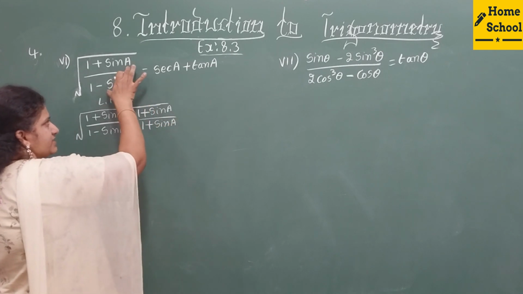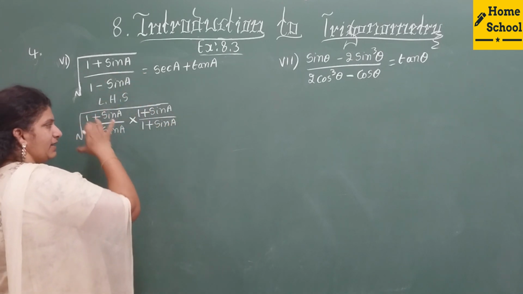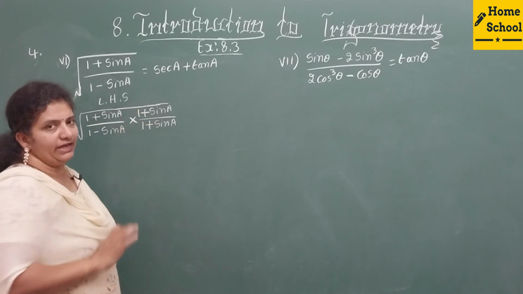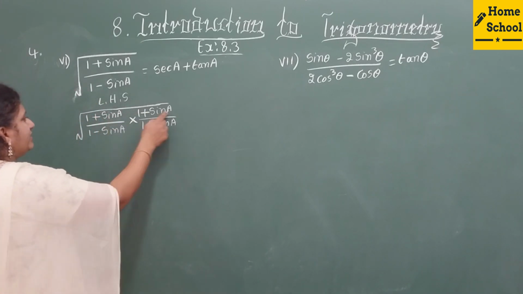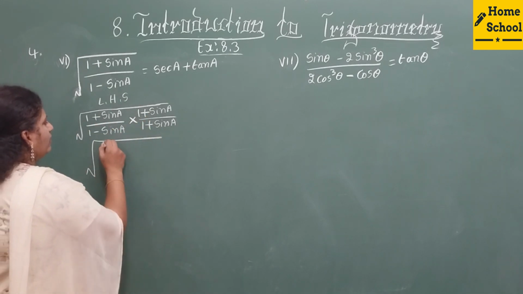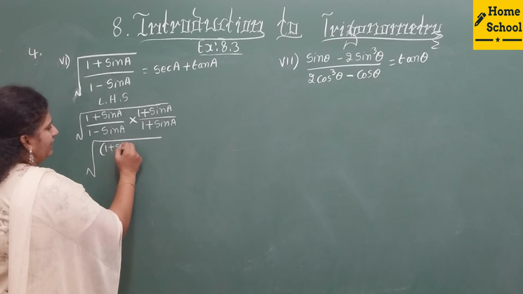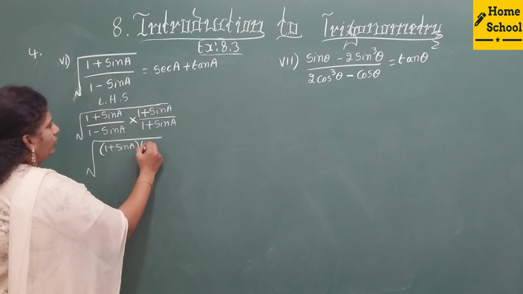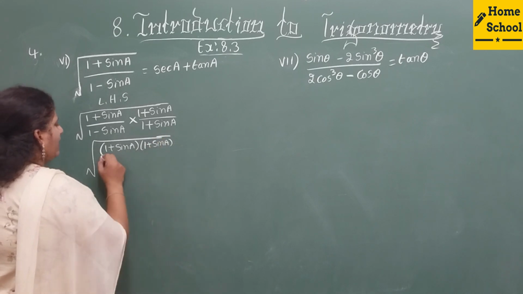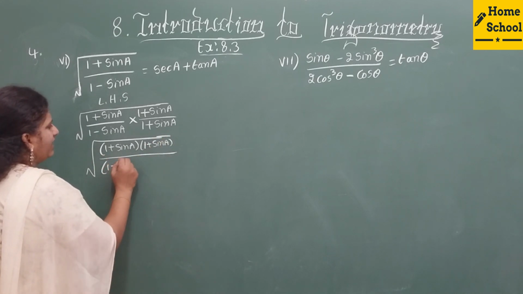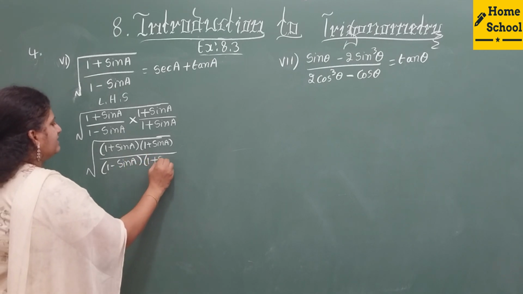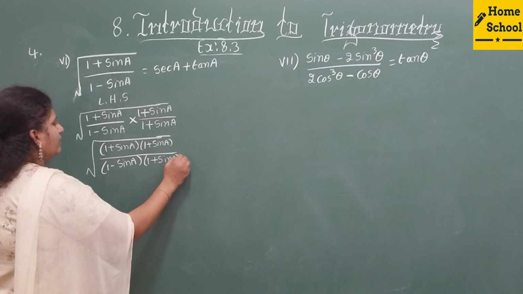One more step you write this, children. First you take the LHS part first and then multiply the conjugate of the denominator for numerator and denominator. Now inside the root, numerators multiply 1 plus sin A into 1 plus sin A by 1 minus sin A into 1 plus sin A. Okay.